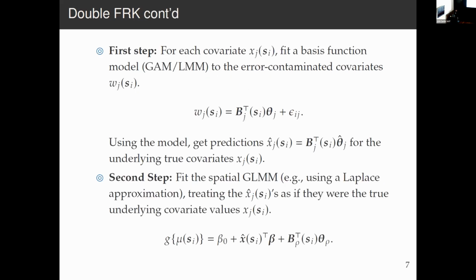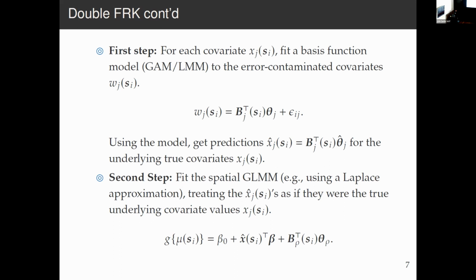To summarize how our method works, it can be summarized in 2 steps in the slide. In the first step, for each covariate xj of si, we fit a basis function model. You can think of it as a generalized additive model, or you can think of it as a linear mixed model, to the error-contaminated covariates wj.